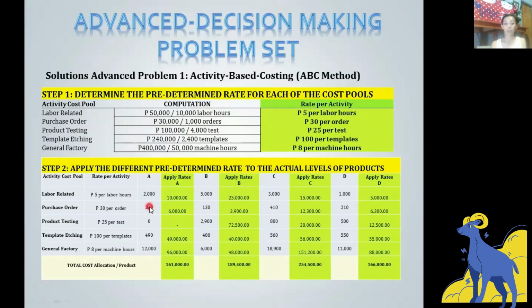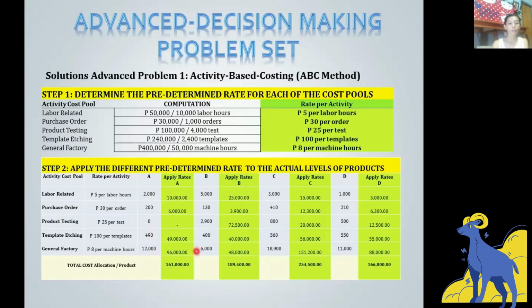The second requirement is solved by applying the different predetermined rates to the actual level of activity of each product. Products A, B, C, and D have different levels of consumption. For instance, product A has 2,000 labor hours and 200 orders, but 0 testing, so there is no product testing conducted in A, with 490 templates used and 12,000 machine hours consumed.